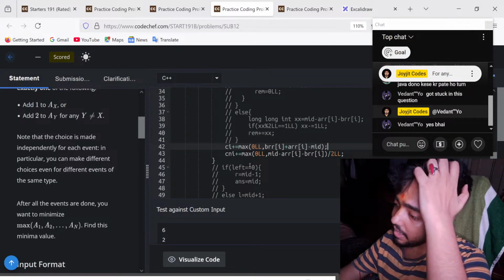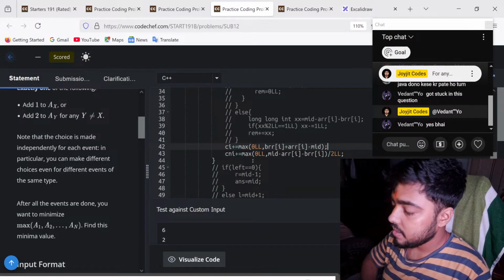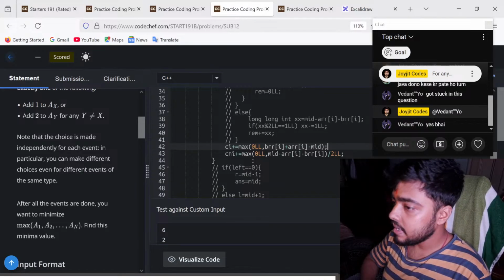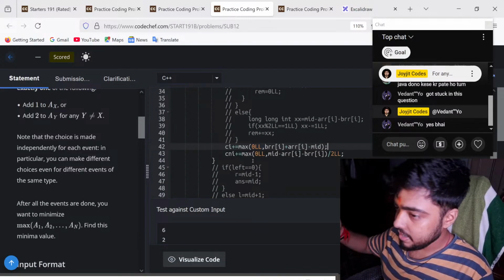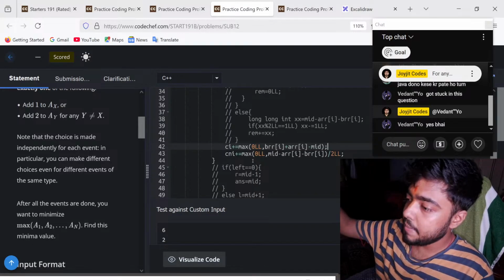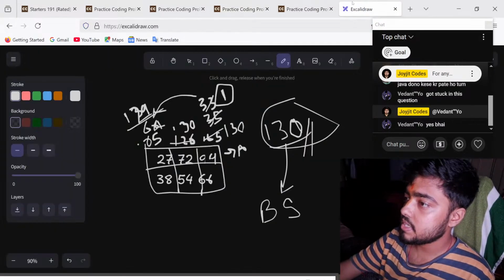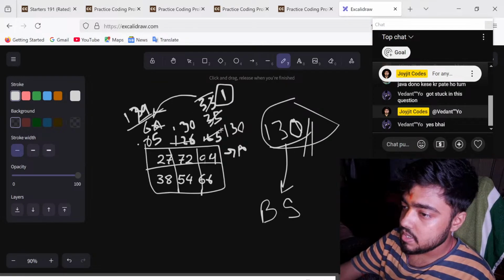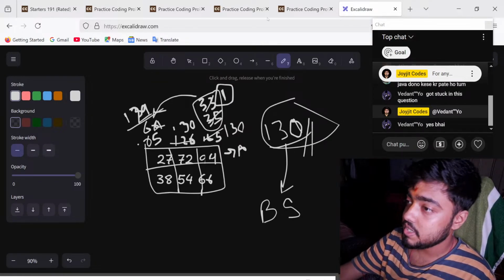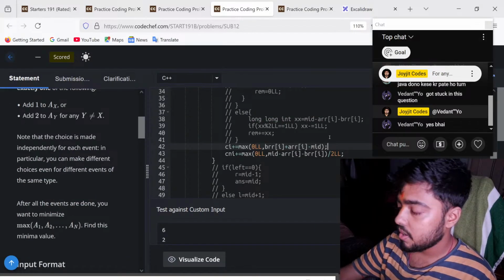What do I mean by that? See, my target is to get mid, right? But even after adding, if it feels like it is exceeding the mid, then I have to keep some remaining, right? This is a CI. Can increment. Like we can increment it later on.